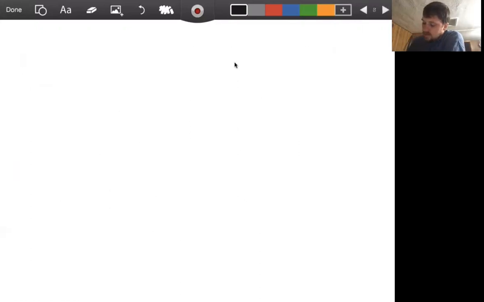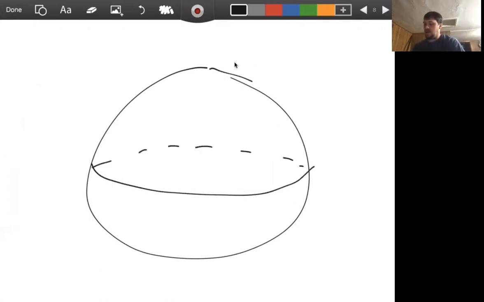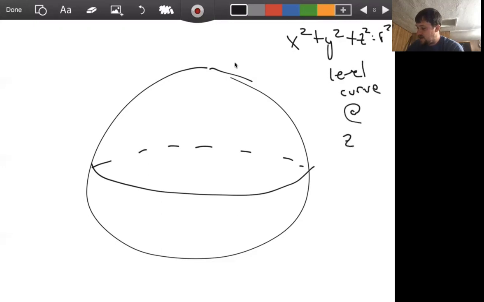Well, let's imagine our surface is a sphere. The sphere is represented by x squared plus y squared plus z squared equals r squared, right? This has continuous first order partials. And let's say we're looking at some given z height. Let's look at the level curve at z equals, let's just say some value a.